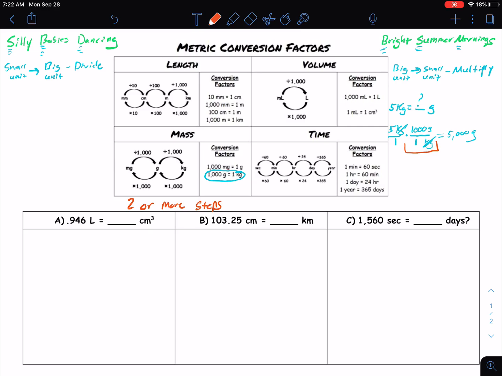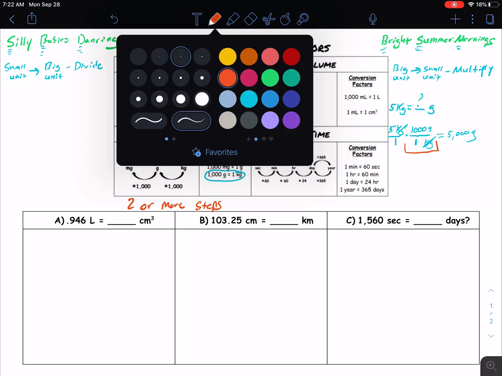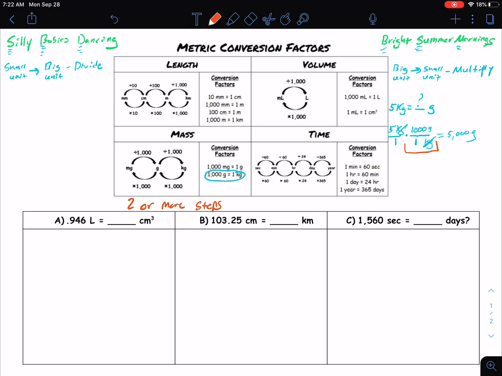Okay. Coming back for letter A. Remember to always start with what you know. In this case, we know we have 0.946 liters. And we're going to set it over 1. We want to get to cubic centimeters. So we have to ask ourselves, can we turn liters directly into cubic centimeters?